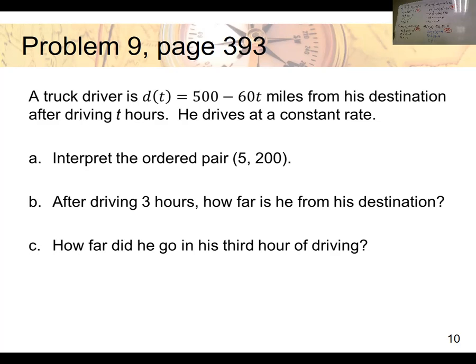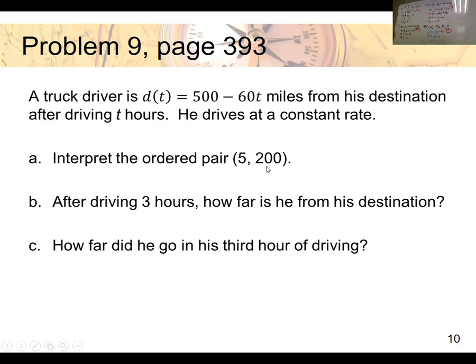So if we plug that in to make sure it's right, you can, but that definitely won't be necessary. You can take that t, that 5. You have 60 times 5, that's 300. 500 minus 300 would give you the 200.